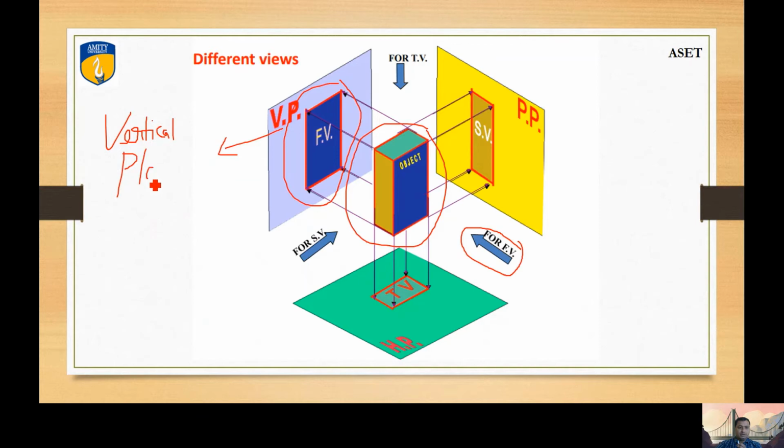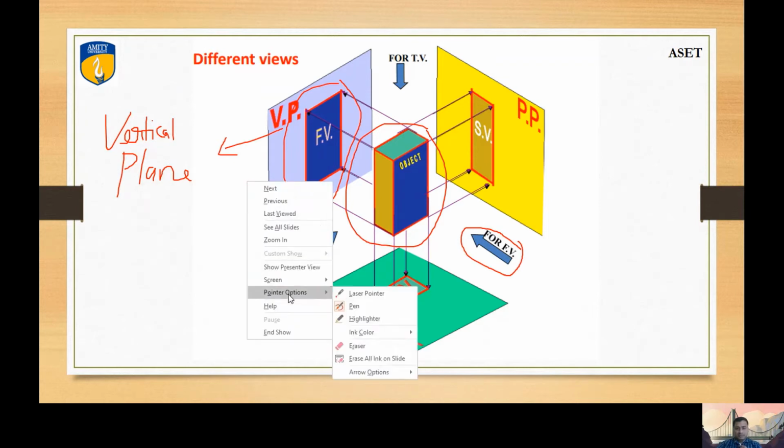The vertical plane means it should be straight, the y-axis plane, like this. So the front view appears on the vertical plane.